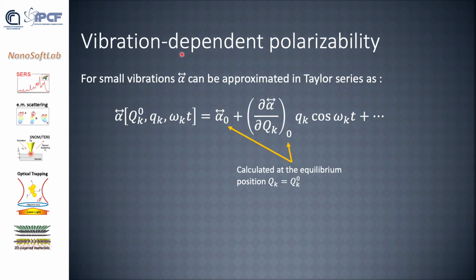For small vibrations, the polarizability tensor alpha can be developed into a Taylor series, as follows. So here we have alpha, that is a constant, alpha 0, plus the derivative of alpha with respect to the normal coordinate calculated at the equilibrium position, qk equal to qk0, times the oscillation amplitude times cos of omega k t.